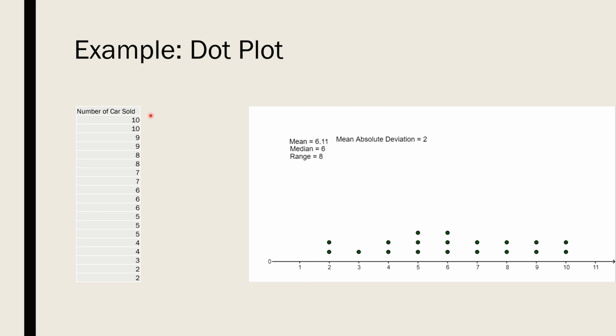Number 10 appears twice in this dataset. Using the same method, you should be able to draw this dot plot by hand based on this dataset.